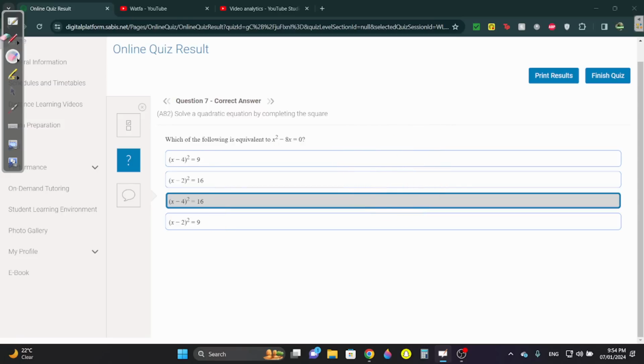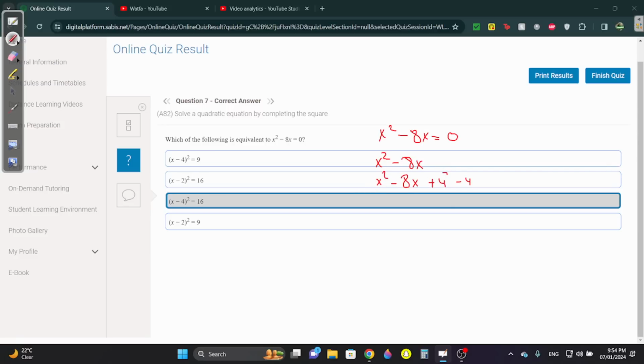And those equations have (a minus b) squared. Like I told you, if you see (a minus b) squared, you have to complete the square. So x squared minus 8x equals 0. Complete the square: you isolate a and b, x squared minus 8x. Divide by 2 and square it. 8 divided by 2 is 4.